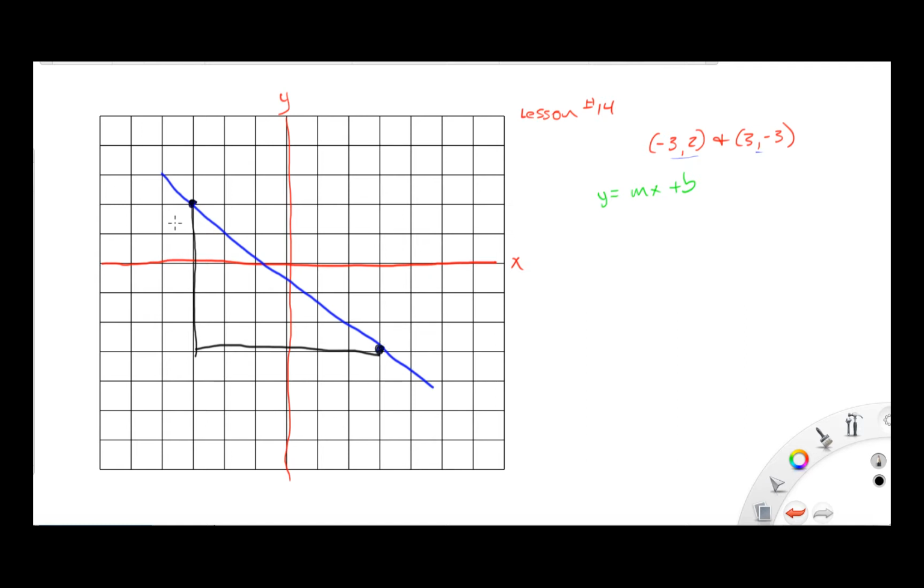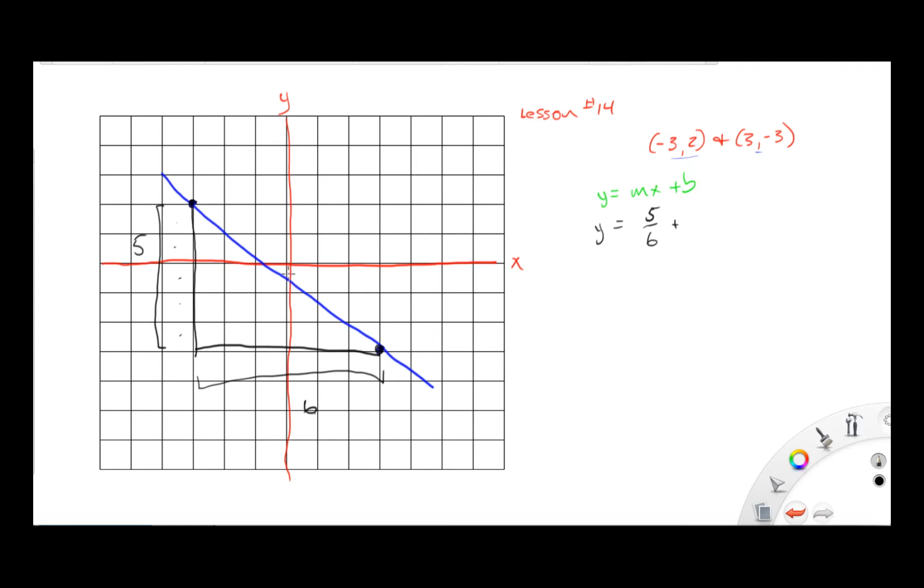Which means I have 1, 2, 3, 4, 5. I've got 5 units here, and down here I have 6 units. In other words, my rise is 5, my run is 6. So y equals 5 over 6 x plus b.